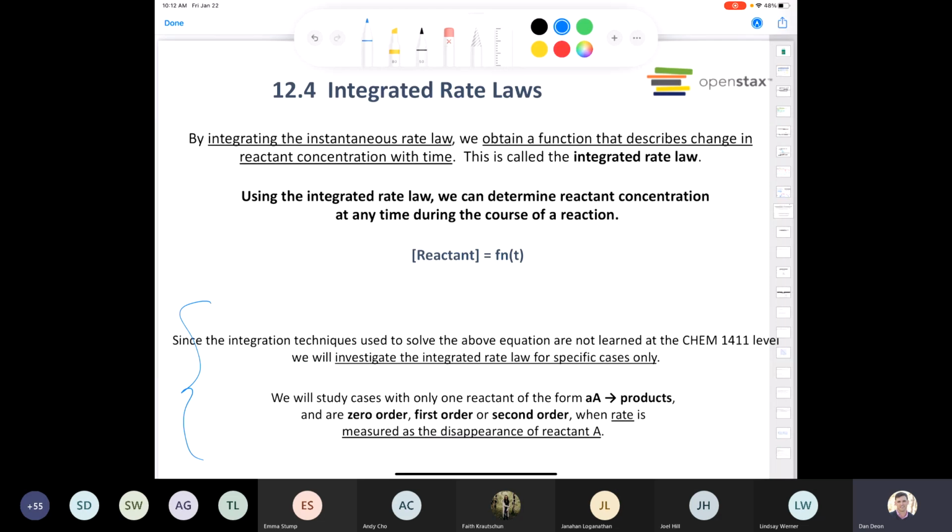You don't have to have calculus to take this class. And so we will provide the integrated rate law for 0, first, and second order reactions, for a simple reaction, A giving you products. So when we integrate those rate laws, we get the integrated rate law.